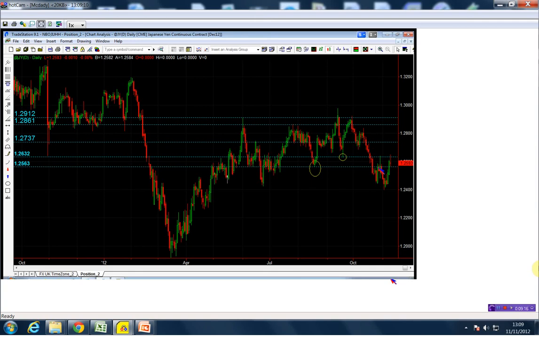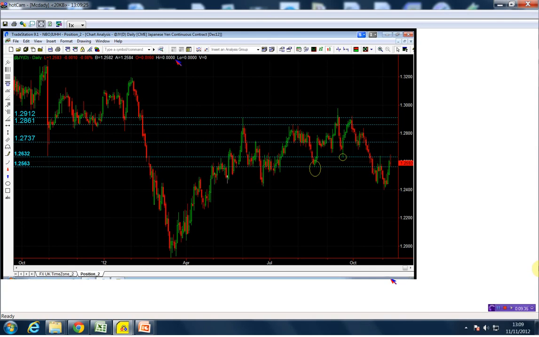It came back and it tested it one time and it failed, and this is the second time it tested it and it failed. So we're looking now to be sellers of the Japanese yen. This here is a sell signal with regards to the Japanese yen.